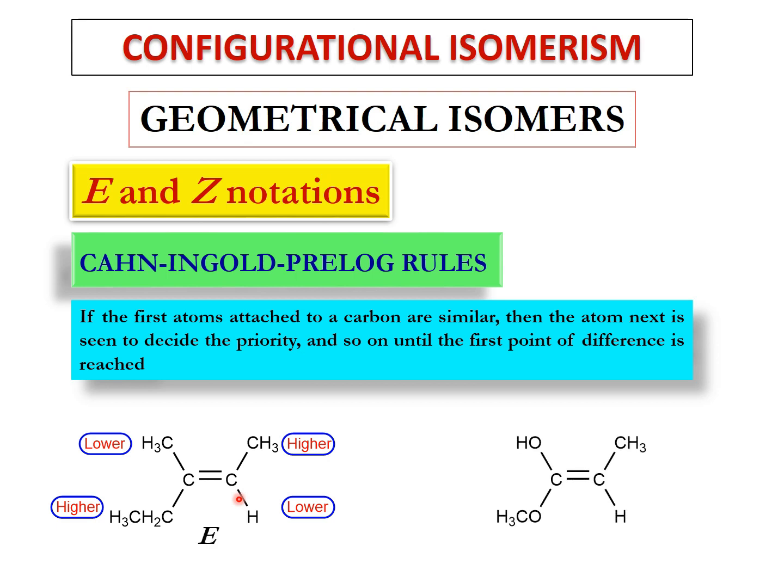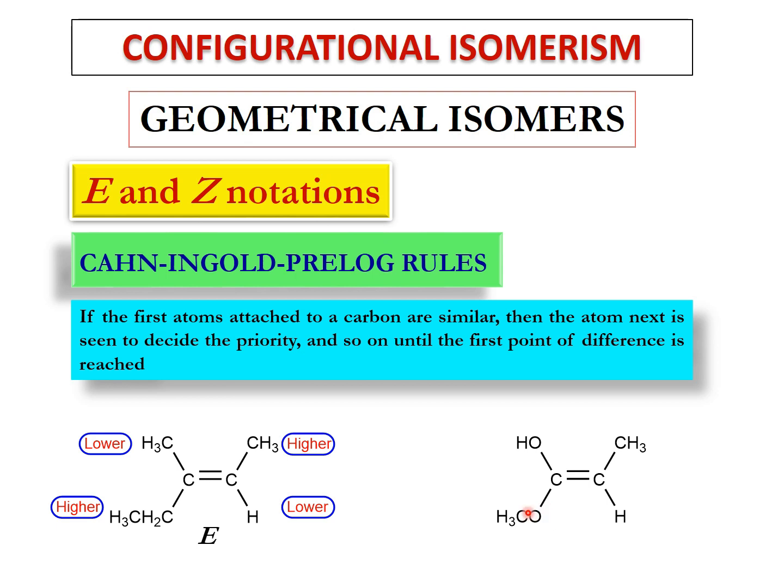Let's see another example. In this molecule, this sp2 carbon has oxygen attached on both sides. Because they have the same atomic number, we cannot assign priority because of the oxygen. So we move on to the atom attached to this oxygen. Here we have a hydrogen as the second atom, and here we have a carbon as the second atom.